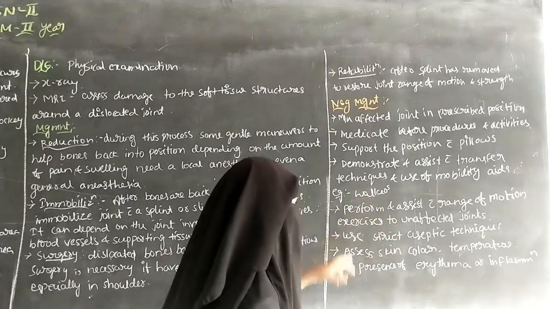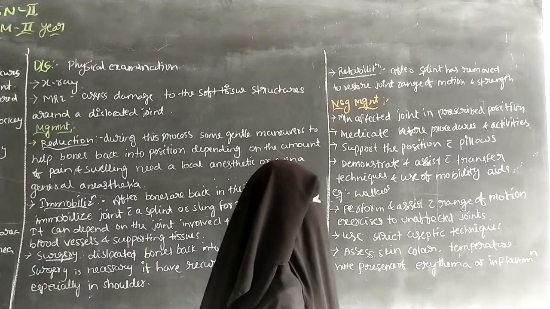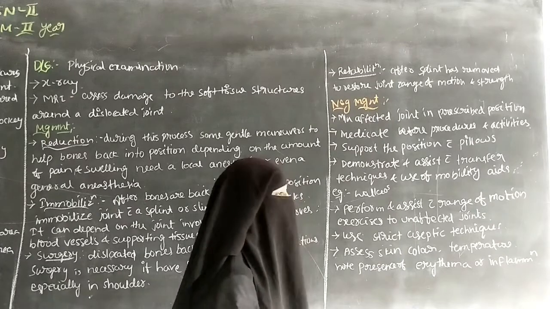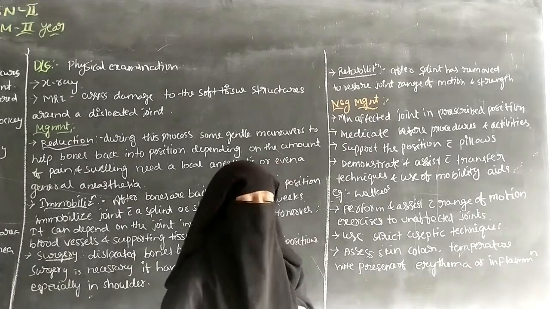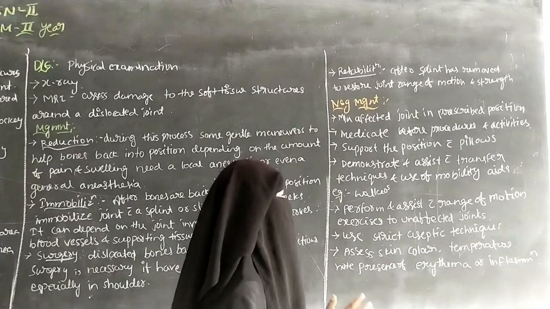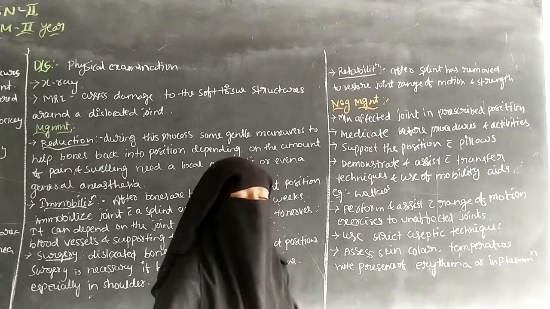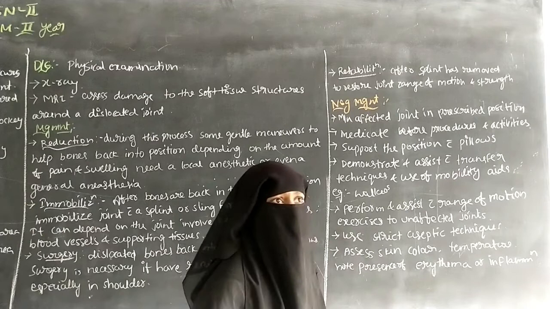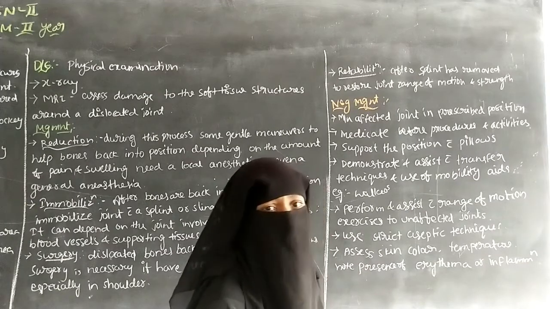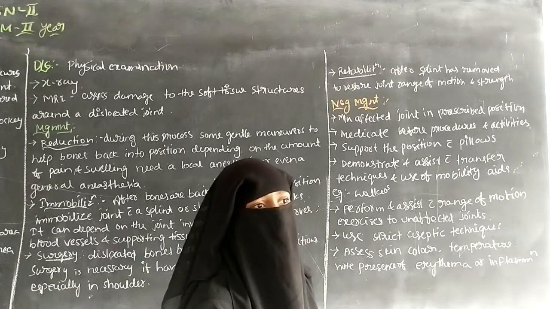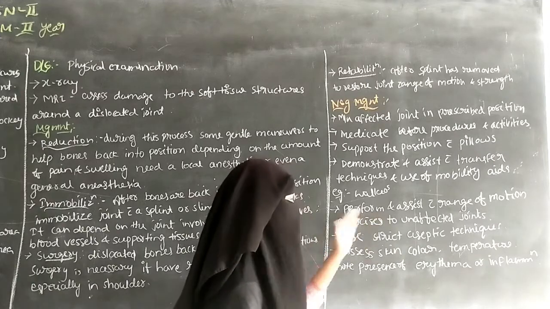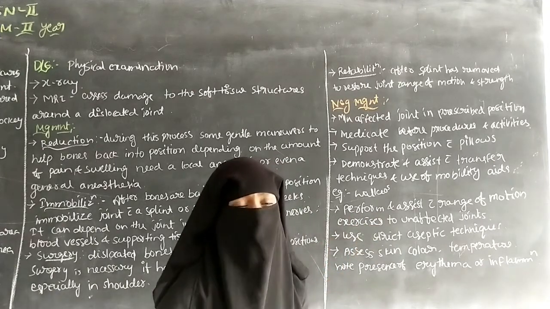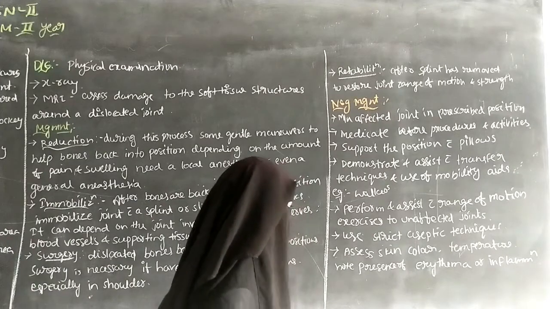And next one is perform and assist with range of motion exercises to the unaffected joint. The nurse has to perform and assist with range of motion exercises for the unaffected joint, and use strict aseptic techniques.